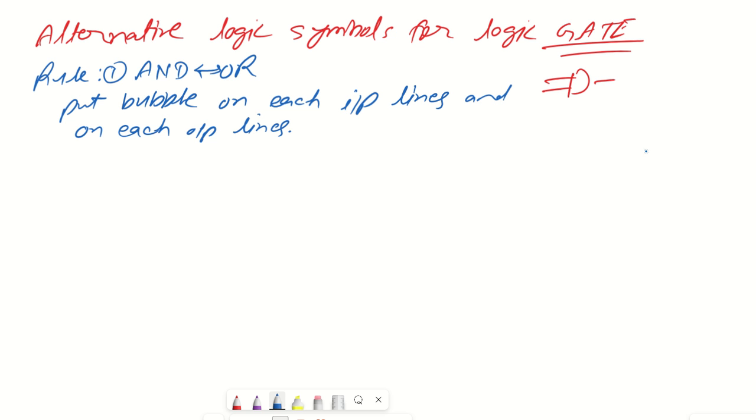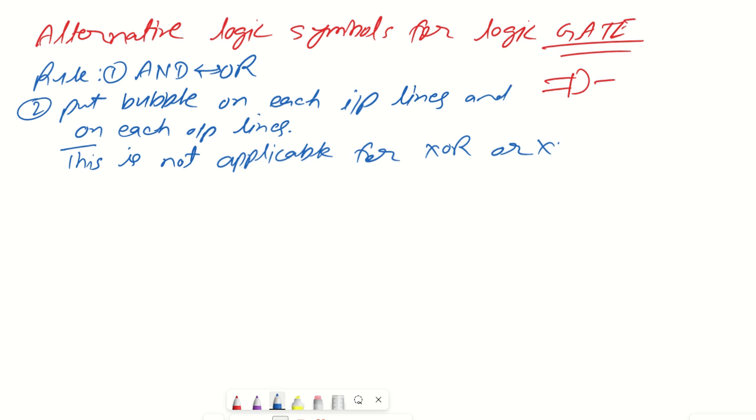This is my first rule, this is my second, and the third one is that it is not applicable for the XOR gate and XNOR gate, okay. So this is not applicable for the XOR gate or XNOR gate. Understood?